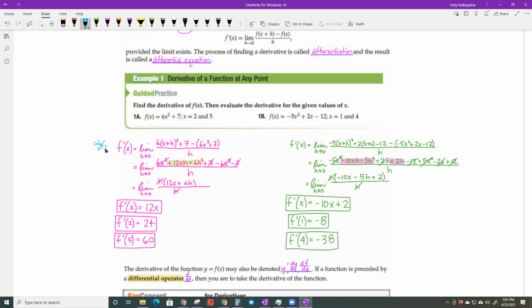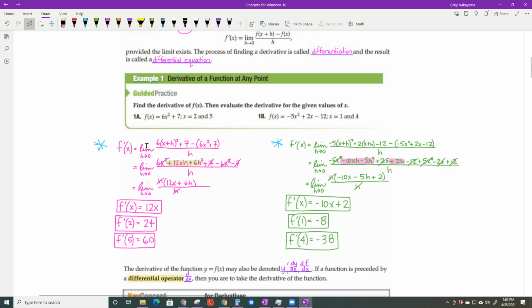Remember, it's f of x plus h minus f of x. So if my function is 6x squared plus 7, where I see an x, I have to put x plus h. And then minus, that's my f of x, all over h. That's all you have to put in.